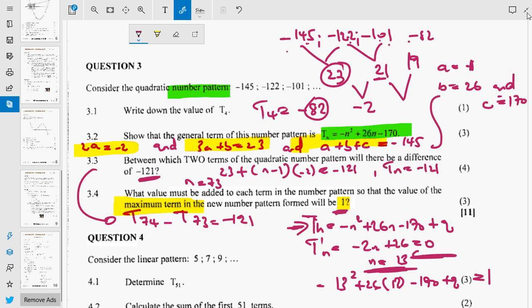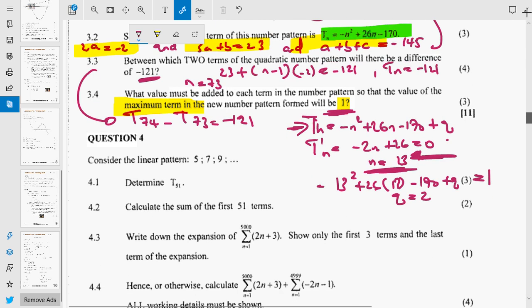So this is the maximum position. If I differentiate and equate it to 0, that gives the position, but the maximum term is found by substituting n into the original expression. But they told me that the maximum term is 1. So the only thing I have to do here is to solve for q, and you'll find that q is 2. A very interesting question.